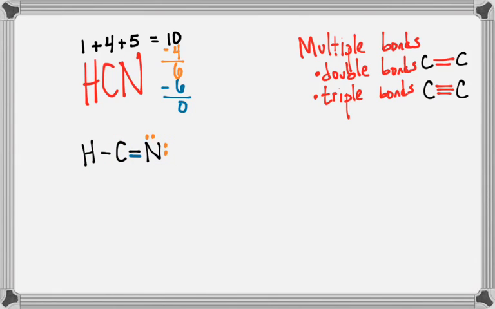So we're going to have to share some more electrons. We're going to take another couple of electrons from nitrogen, maybe those 2 this time. It doesn't matter which 2. We'll pick those 2. We're going to erase them.